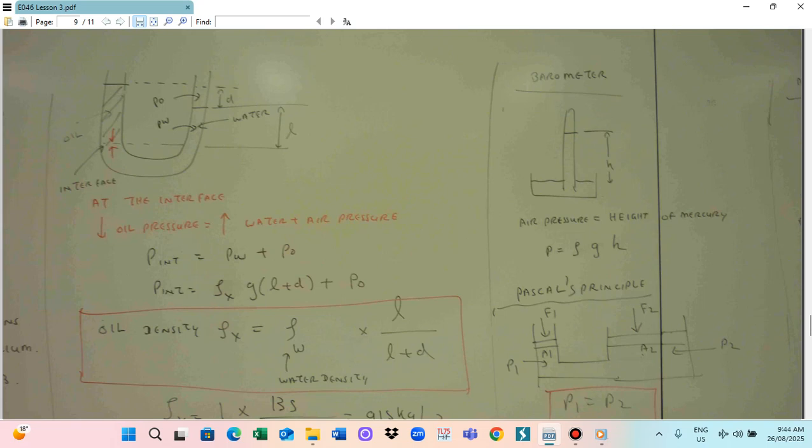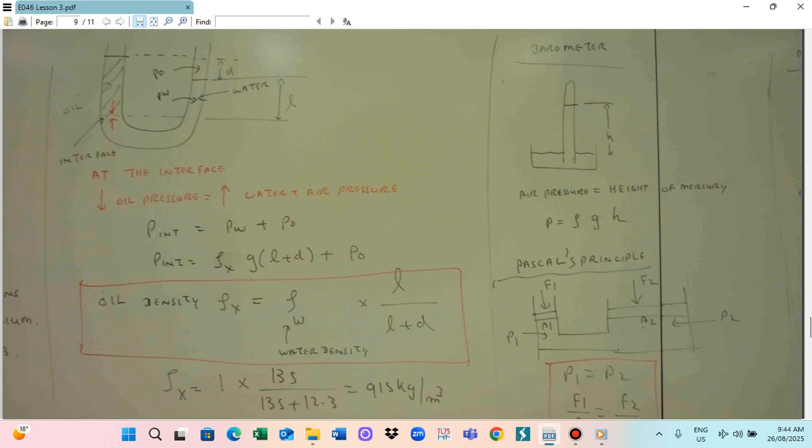In this case, we can also calculate the oil density rho A. The oil density times A is equal to the water density times (A plus D).